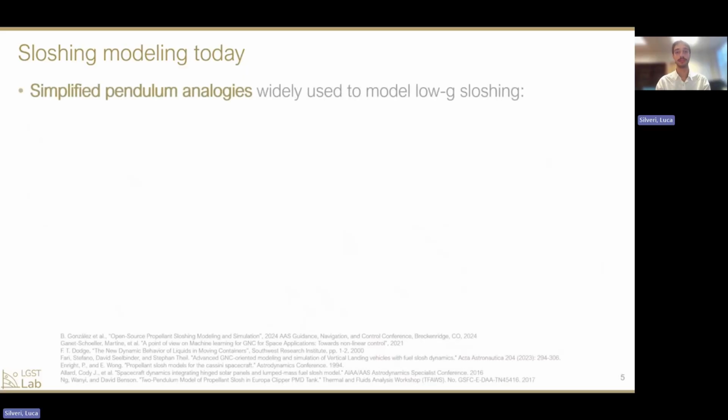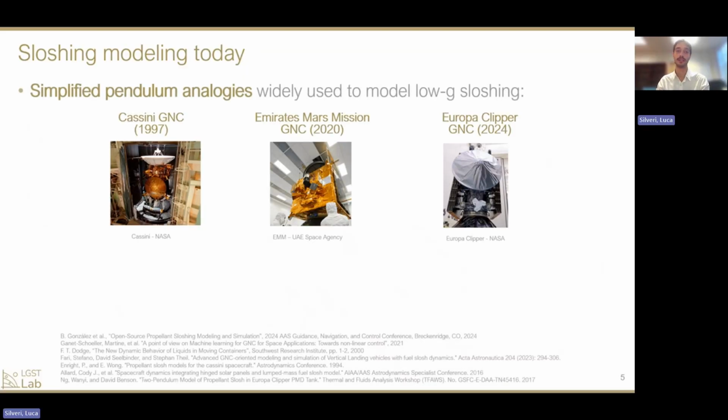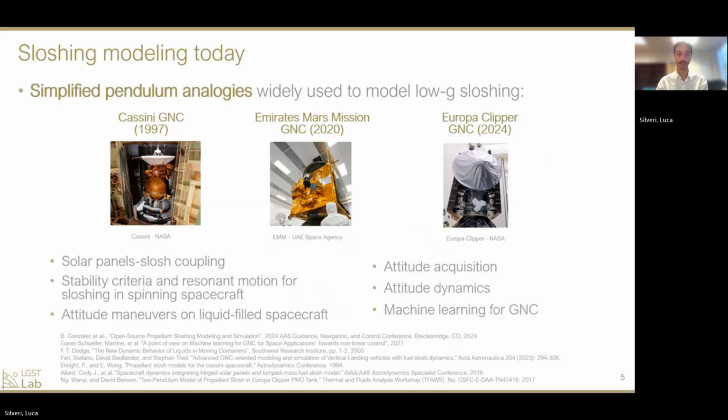We can see some examples: simplified pendulum analogies have been used in the Cassini GNC algorithm, in the Emirates Mars mission GNC algorithm, and in the Europa Clipper GNC algorithm. But they have also been adopted for solar panels slosh coupling analysis, stability criteria and resonant motion for sloshing in spinning spacecraft, attitude maneuvers on liquid filled spacecraft, attitude acquisition, attitude dynamics, and machine learning for GNC algorithms.